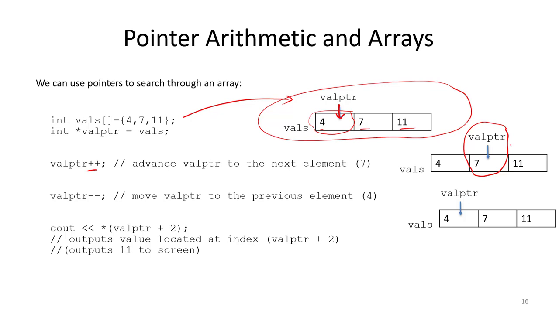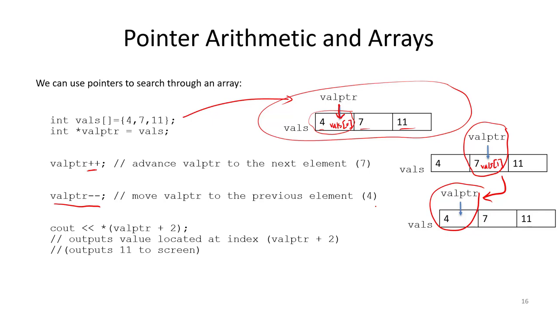So now this is pointing at vals element 1. Before I was pointing at vals element 0. Or if I decide that I want to instead move to the previous element, then I can say valptr minus minus, and notice this is actually going to shift my valptr one element earlier in my array.